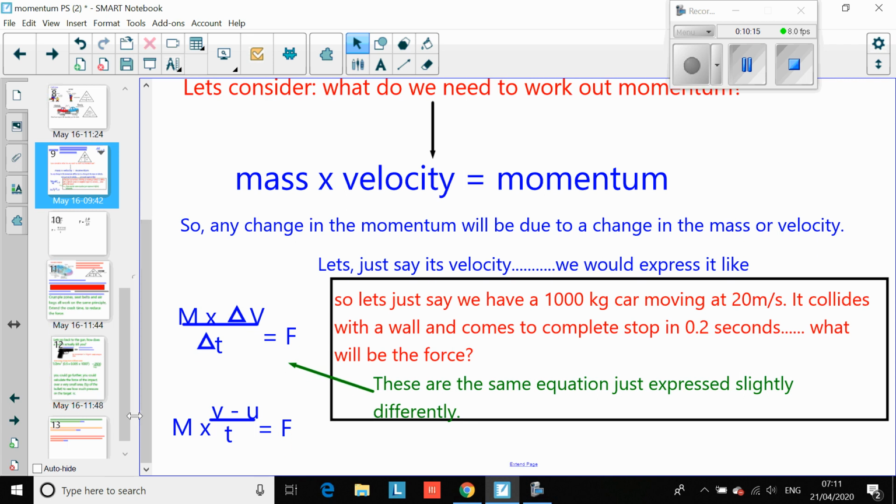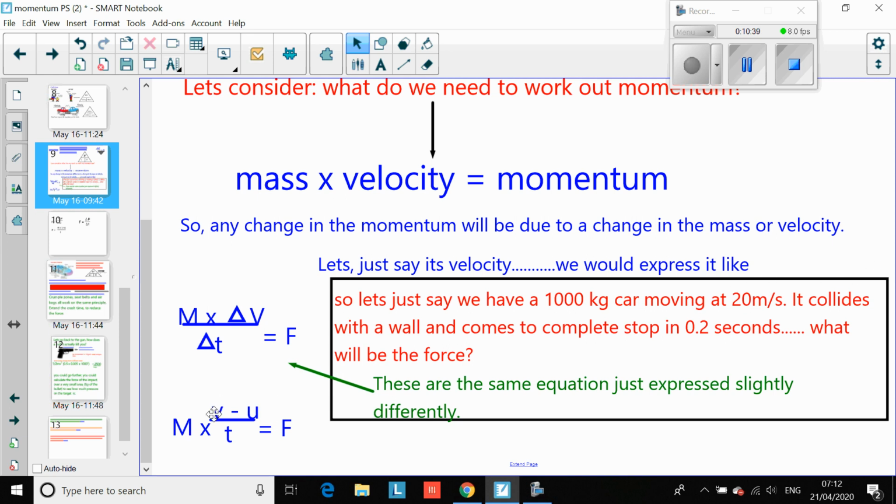We could say, for example, the mass times the change in velocity, the final velocity minus the initial velocity. Now, the final velocity was 0 because it had stopped. The initial velocity was 20 meters per second.